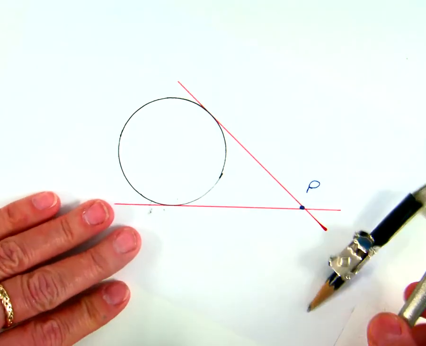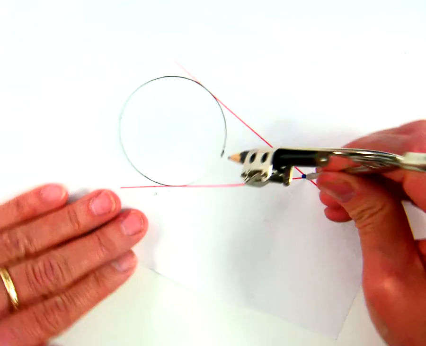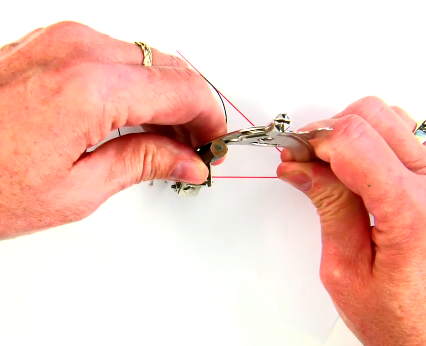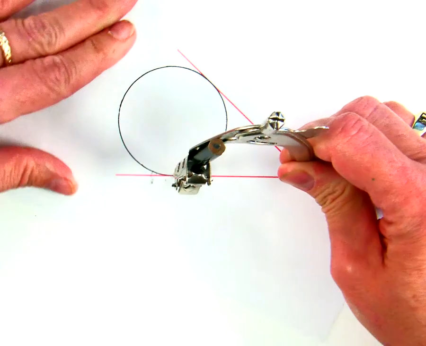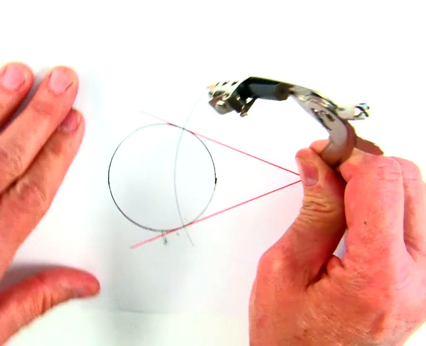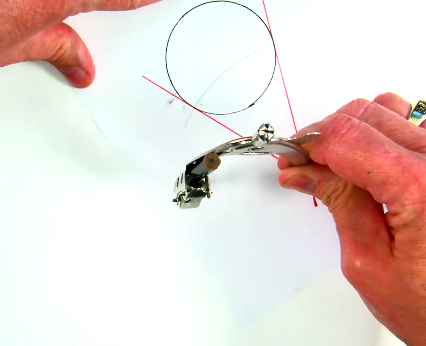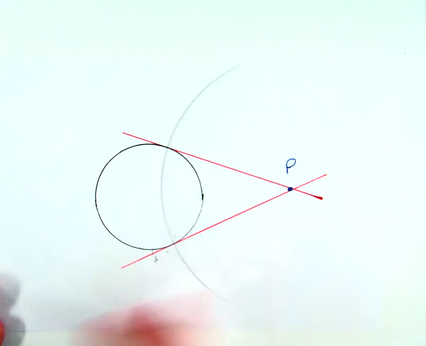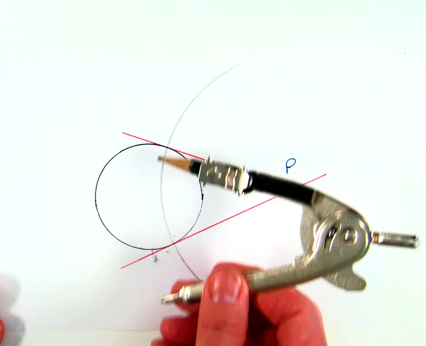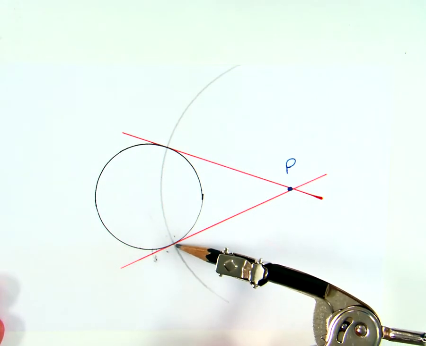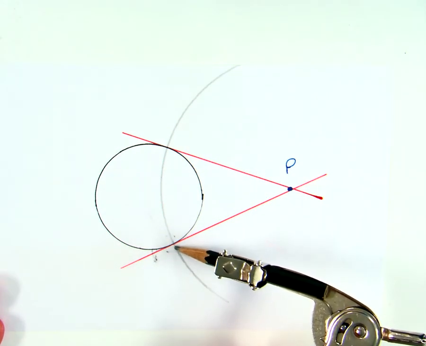Okay. Put the point at the point of tangency. And that worked a little better. What you see is that the arc passes through both points of tangency.